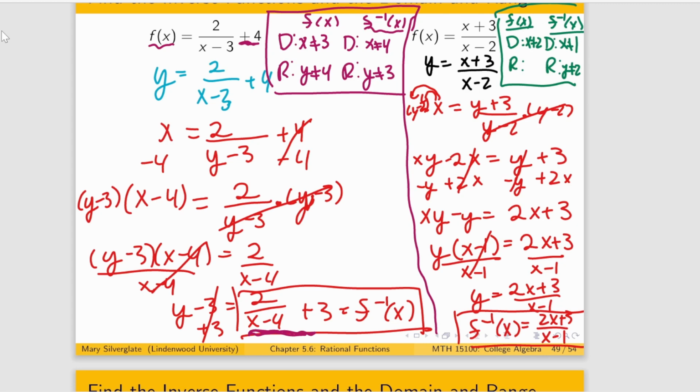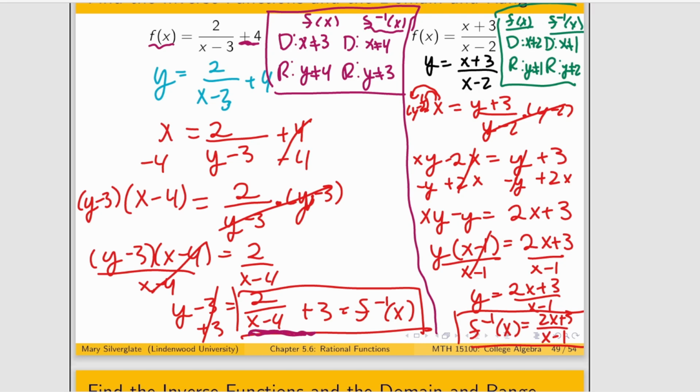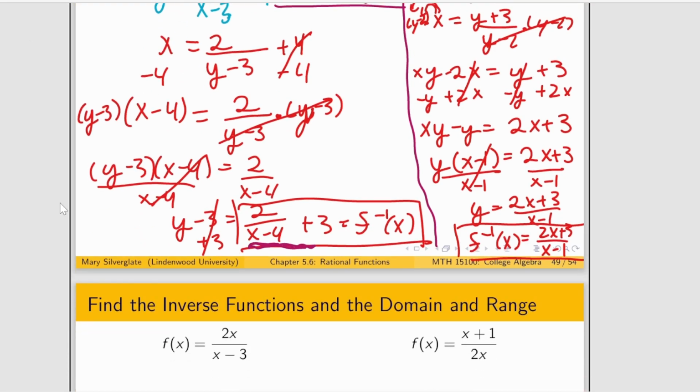So the range on the original is that y cannot be 1, which, if you notice, is what we would have predicted the horizontal asymptote to be, because x to the first divided by x to the first means the horizontal asymptote is y equals the ratio of the coefficients, y equals 1. And then we just confirmed by finding the inverse that this function never actually crosses that. So the range is actually that y never equals 1.